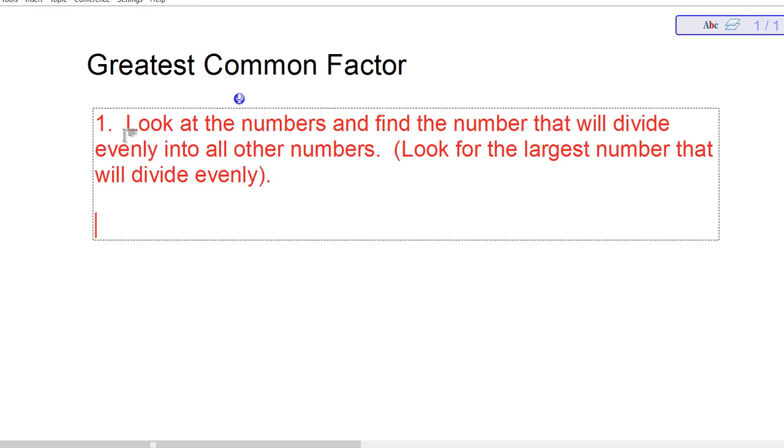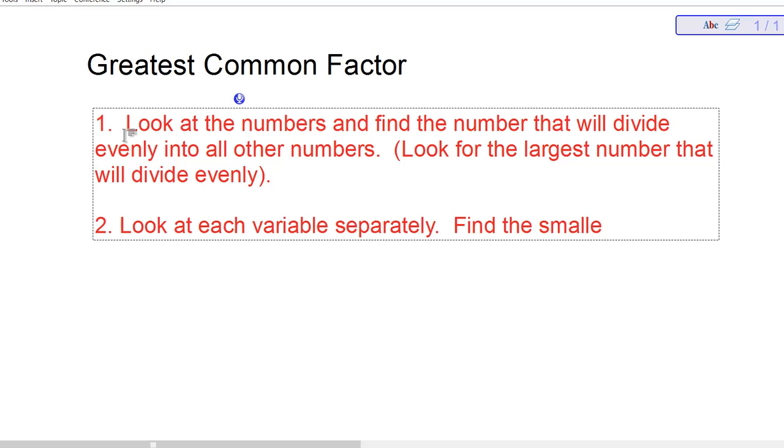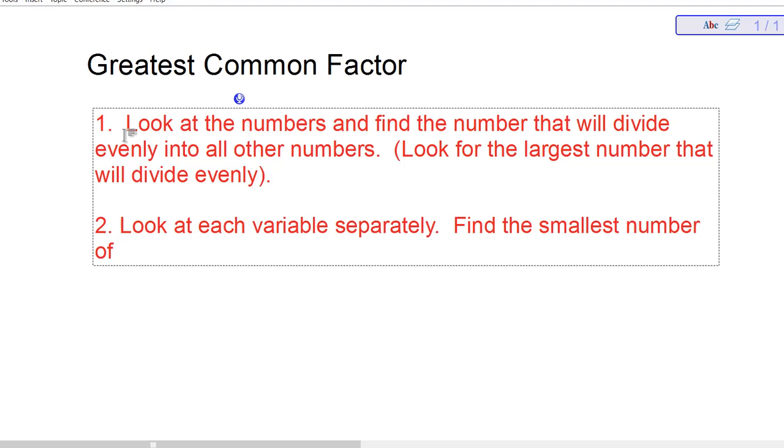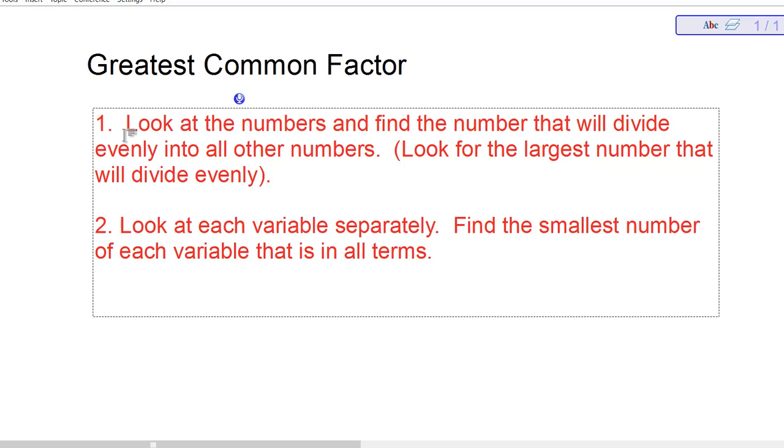Second, we want to look at each variable separately. Find the smallest number of each variable that is in all terms. These items will give us the greatest common factor.